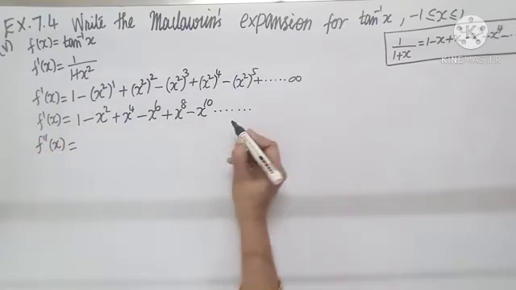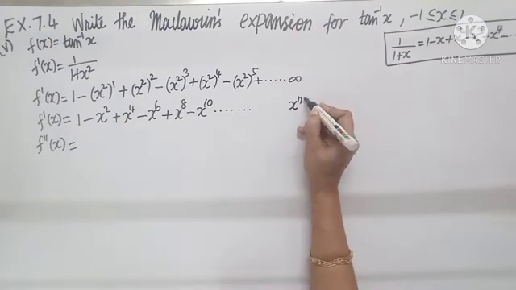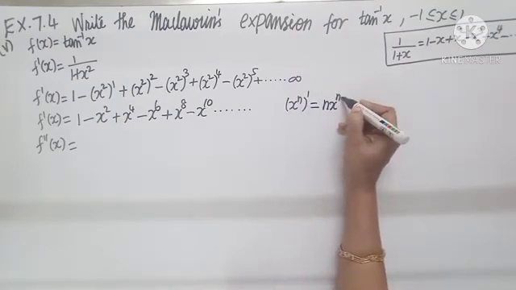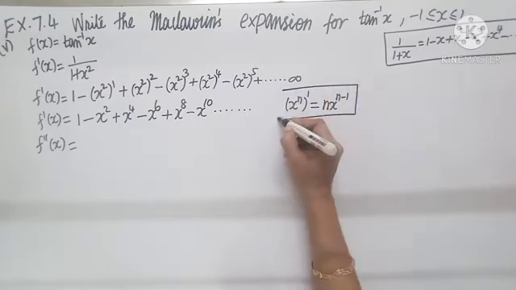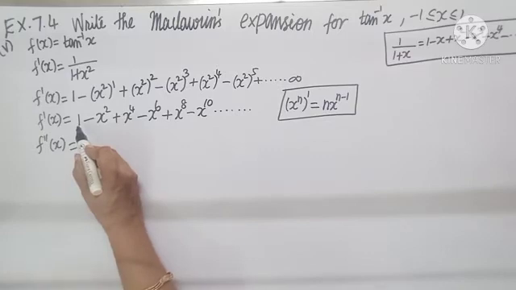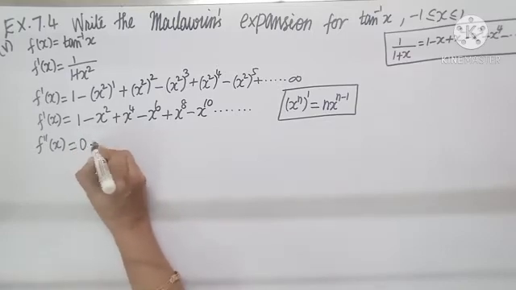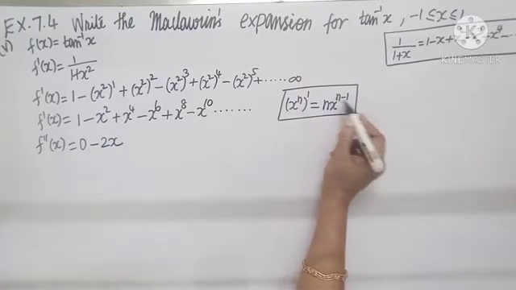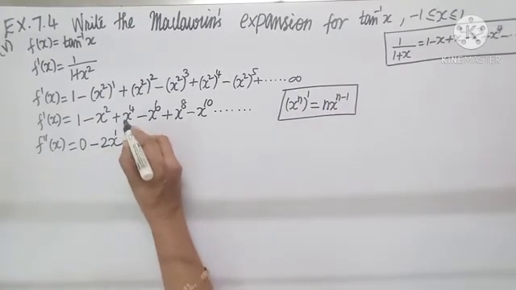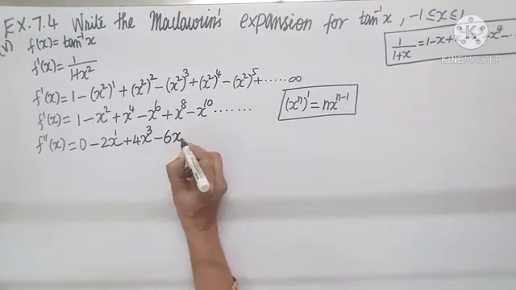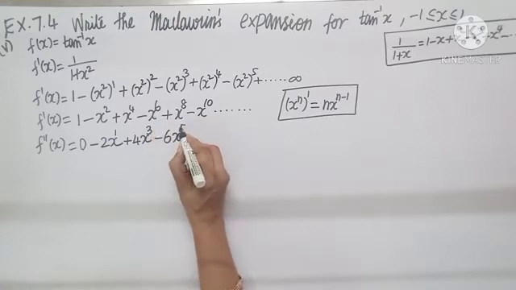Now it is simple to differentiate. Remember the formula. X power n derivative is n x power n minus 1. Applying that here, 1 being a constant, it will become 0. X square, 2 x power 2 minus 1 is 1. 4 x power 4 minus 1 is 3. Minus 6 x power 6 minus 1 is 5.